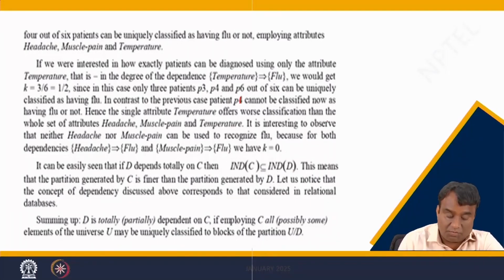It is interesting to observe that neither headache nor muscle pain can be used to recognize flu because for both dependencies, that is headache implies flu and muscle pain implies flu, we have k equal to 0.